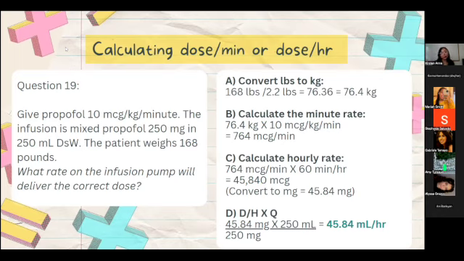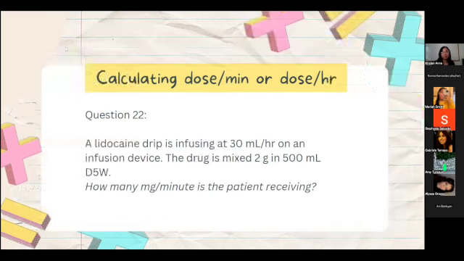And then lastly, you can convert it to milligrams. So you see how everything is being converted. Those are all the steps. That's why it can get kind of confusing. At the very end, you need to find your milliliters that you're giving every hour, so still do your formula method. Don't forget about that. Plug in all the numbers and you should get 45.84 milliliters per hour.